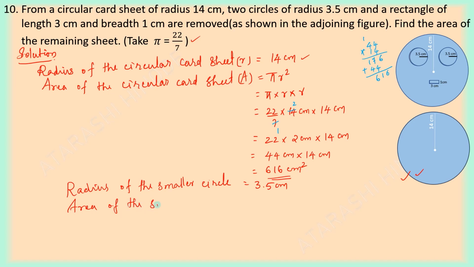Area of the smaller circle equal to, we know the formula is pi r square, that is equal to pi into r into r, that is equal to 22 by 7 into 3.5 centimeter into 3.5 centimeter. Now let us multiply 3.5 and 3.5. For that multiply 35 and 35.